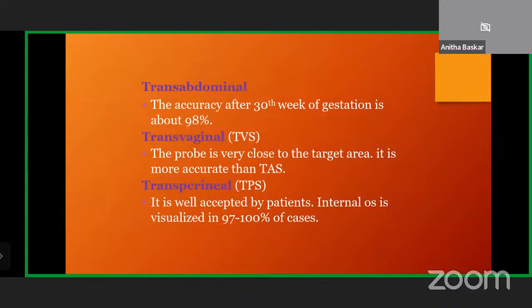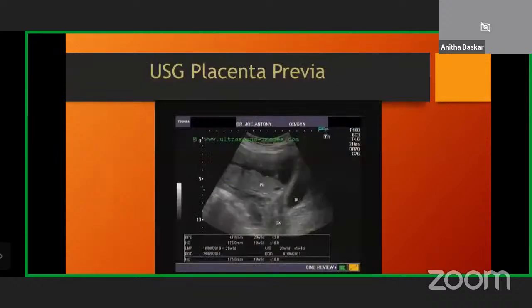Then the transvaginal probe is very close to the target organ. It is more accurate than the transabdominal scan. Transperineal is not useful. This is the ultrasound finding of placenta previa. You can see the lower edge encroaching in the lower uterine segment.